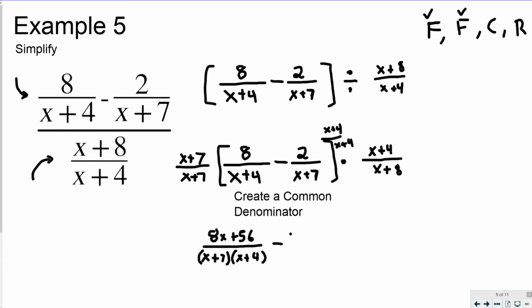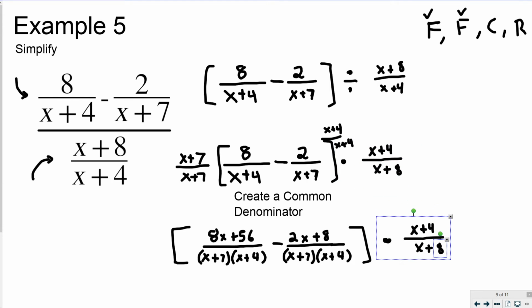And then on the top of the other one, I get 2x plus 8, and then the bottom will be the x plus 7 over x plus 4. And then that's all in its own separate world times the x plus 4 over x plus 8 from before.